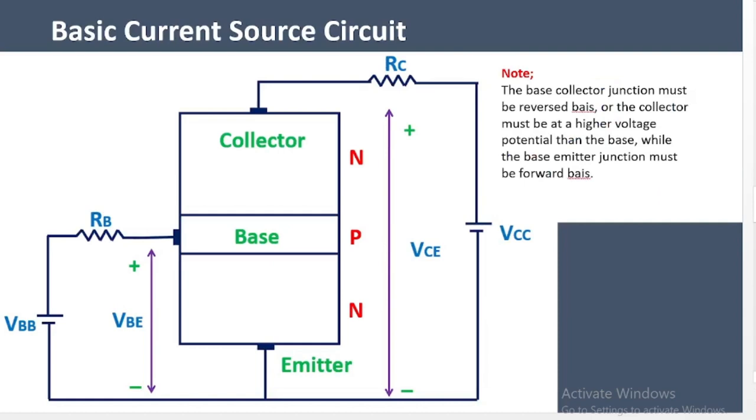If we move to the next slide here, you will see that this is just a basic current source. In other words, this circuit you are having here will produce this loop here, which will be independent of the voltage source, that is this voltage here.